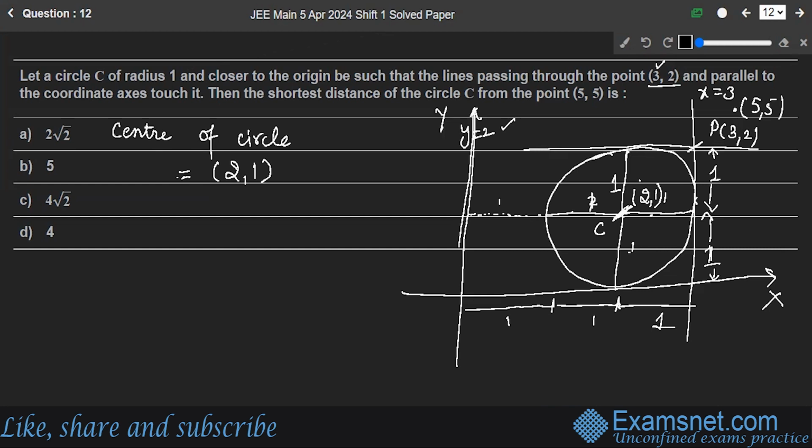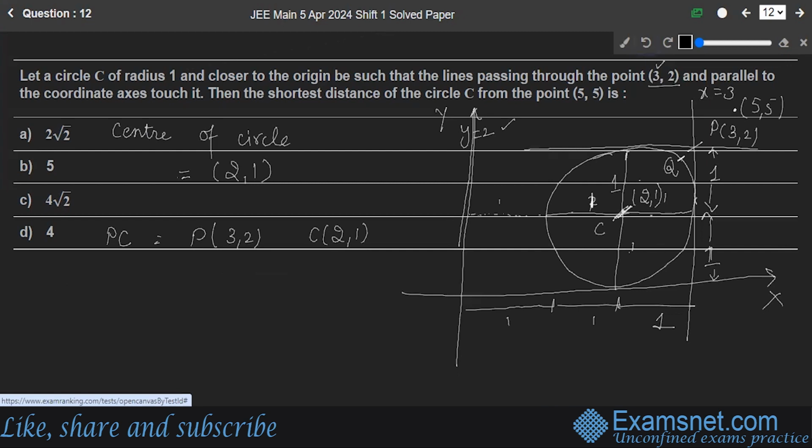And let's say this is the point Q. Let's find out the distance. First of all, I have the coordinates for P and C as well, but I don't want to find PC.